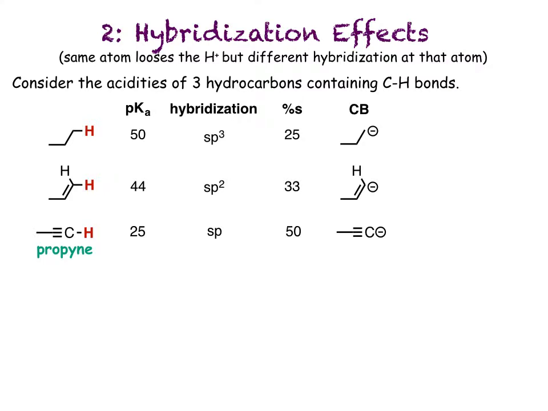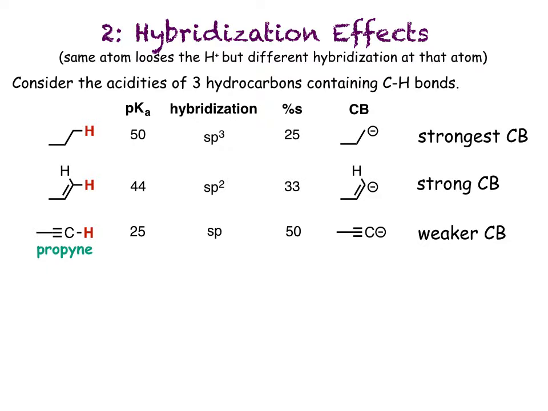And so the take-home message here is that the conjugate base that has the greater s character is going to be more acidic. The most acidic of the three that are shown is going to be the alkyne proton, followed by the alkene proton, and the alkane proton is going to be the least acidic.